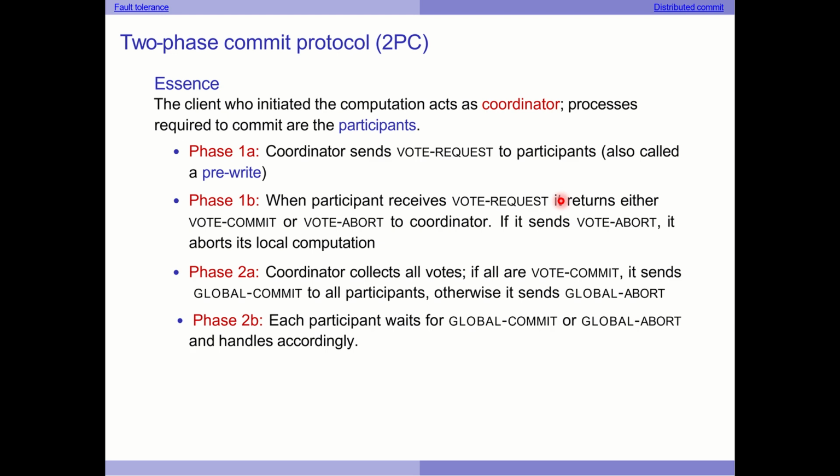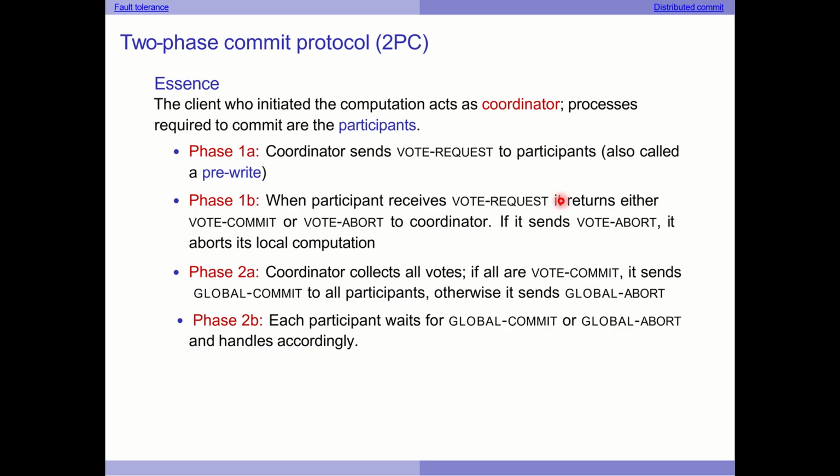There are two protocol schemes that address this. The first is the one-phase commit protocol, where the coordinator tells all workers to locally perform the operation that needs to be done.